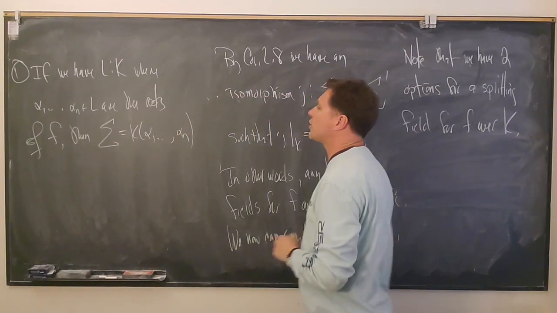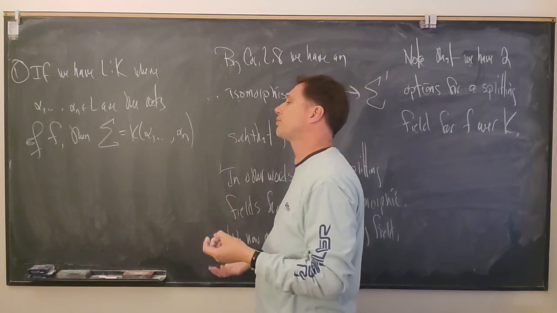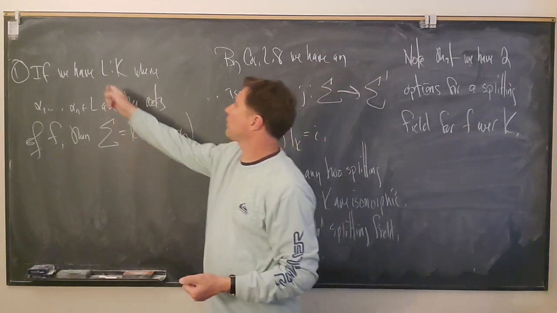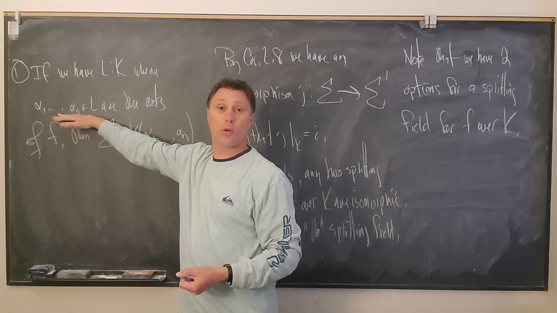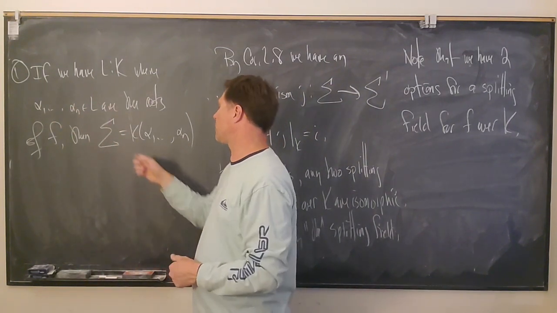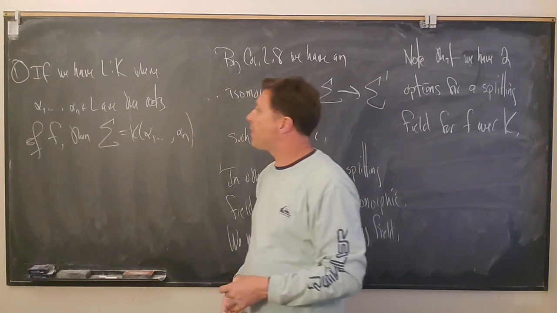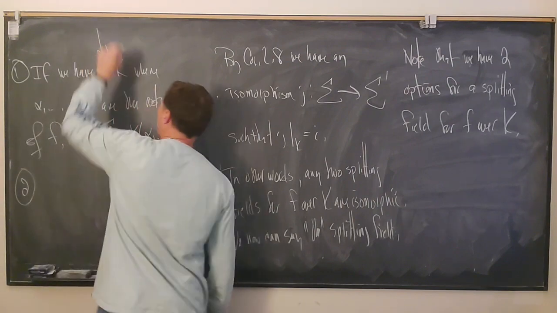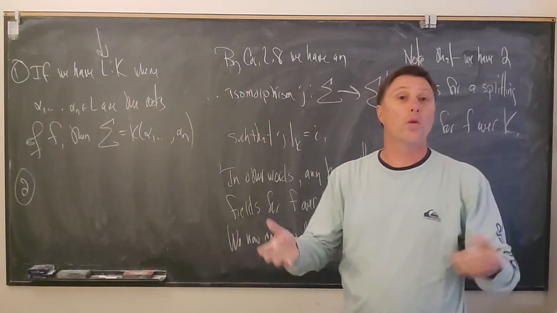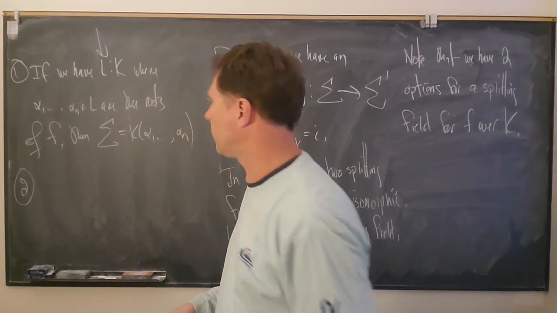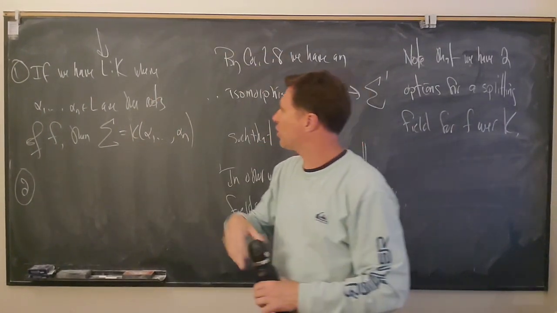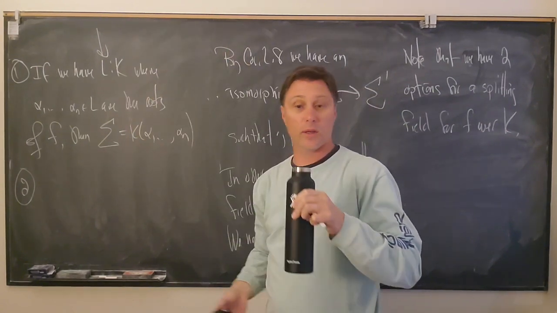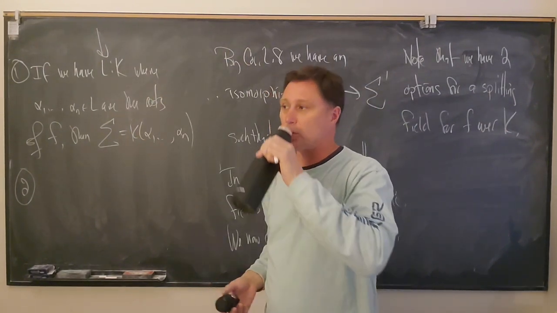So in some situations, you are aware beforehand of a bigger field that contains all the roots. In that case, you can do it by just adjoining those roots to K. But sometimes you might not have immediate prior knowledge of this bigger field. Sometimes you just know about K, and you don't have this bigger place that contains K and all the roots.